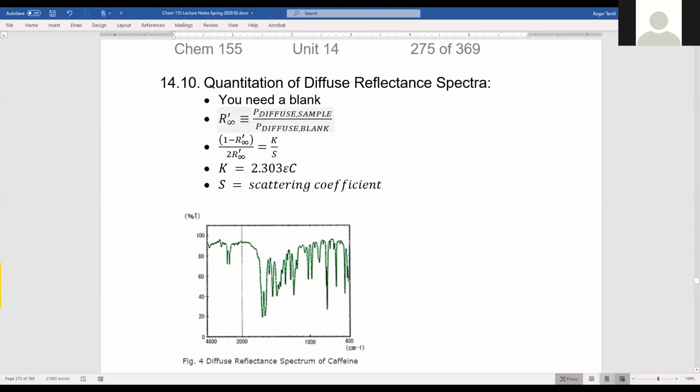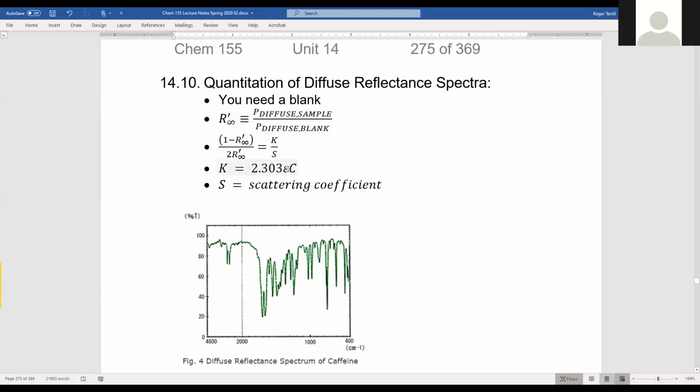the relative reflectance, the diffuse reflection for a sample divided by a blank, say a similar particle size blank. But if you take this value, this reflectivity, and you transform it like this, take (1 minus R) squared over 2R, that will equal K over S, right?